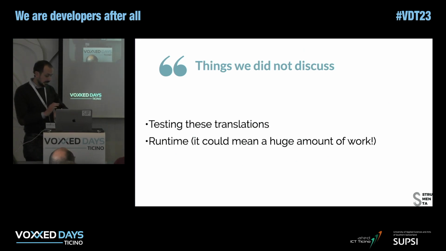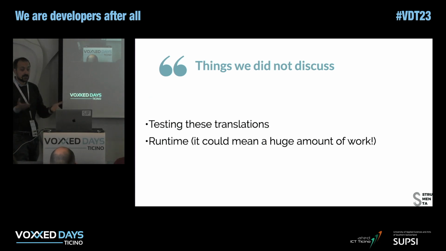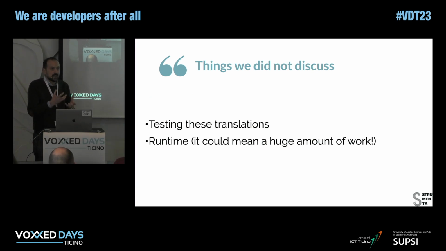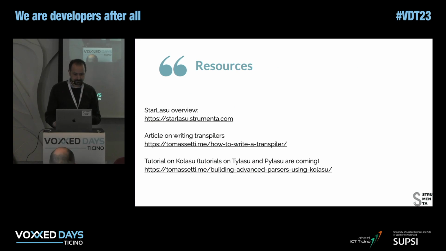And there are a gazillion things we didn't discuss, like, for example, how to test this translation or how to implement the runtime. So the code that you have to use together with your transpiled code to have the whole system. For example, to replace the built-in functions that were present in the original program and are not present in the target program.